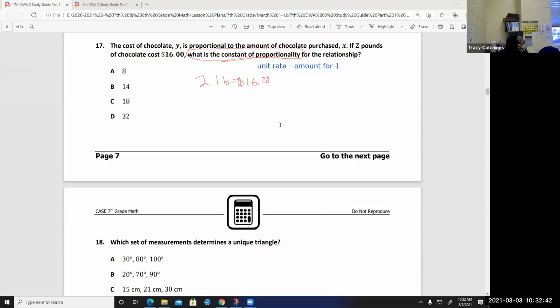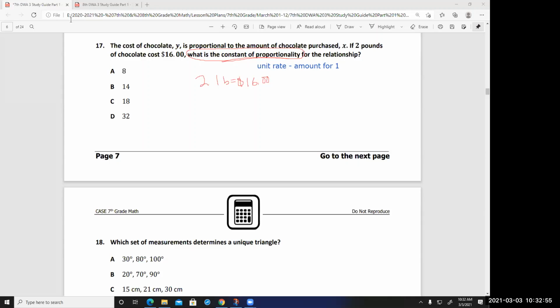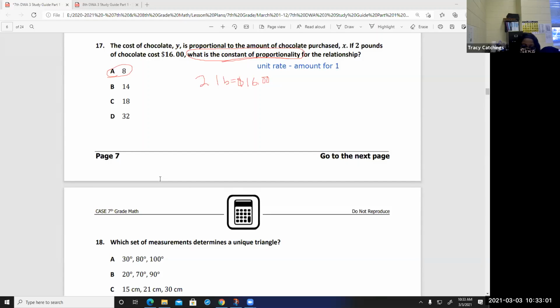So the constant of proportionality is the same as the unit rate that you learned over there in 6th grade. So they told me 2 pounds cost $16. How much does 1 pound cost? 8. Good job. Constant of proportionality is the same thing as the unit rate. Figure out how much for one of them.